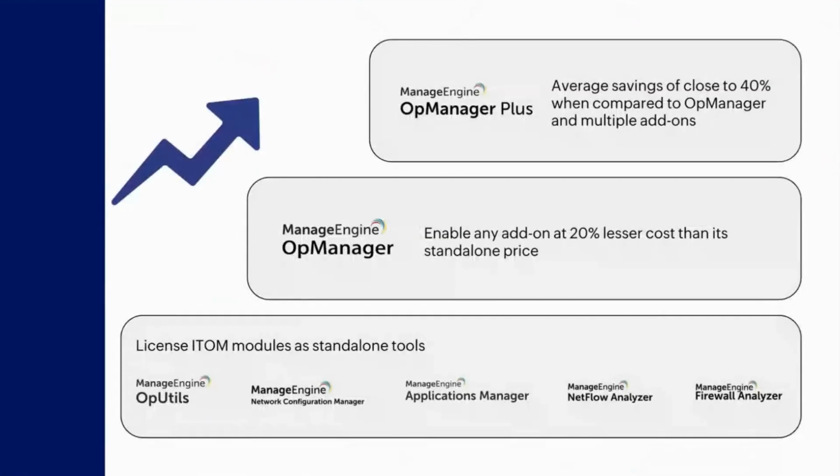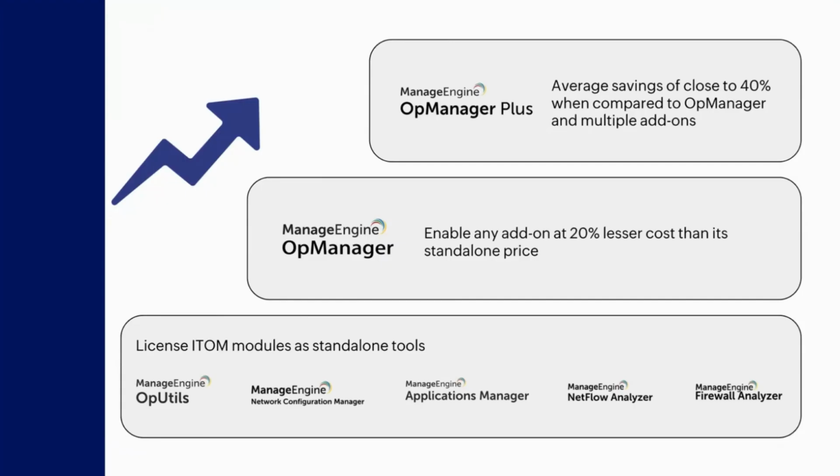Before starting, I'd like to give a quick brief on the difference between OpManager and OpManager Plus, which we went through in the previous session. But now I will give you a detailed explanation regarding the add-ons. OpManager is a network monitoring solution which takes care of your network and IT infrastructure monitoring.